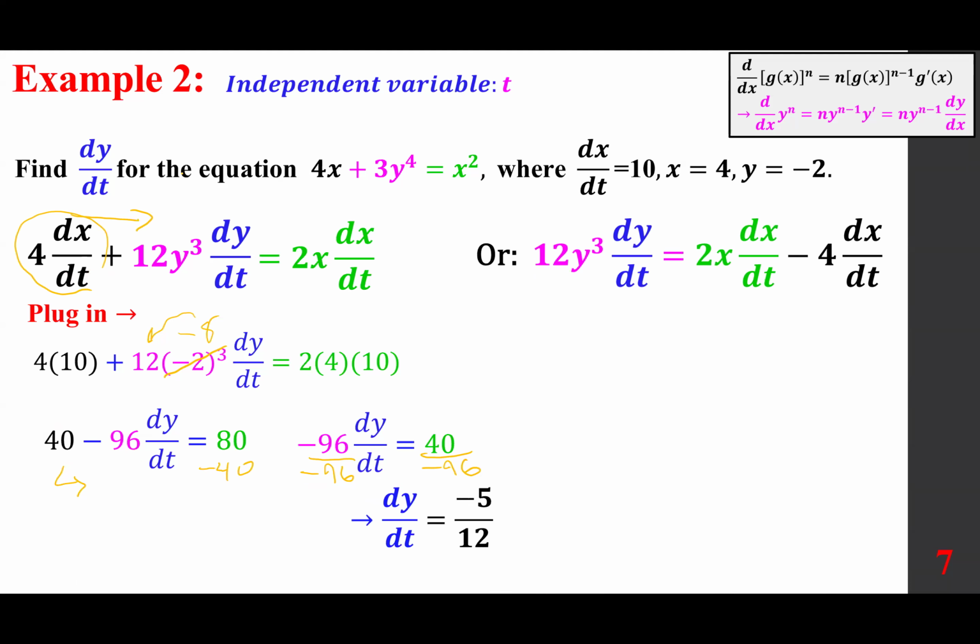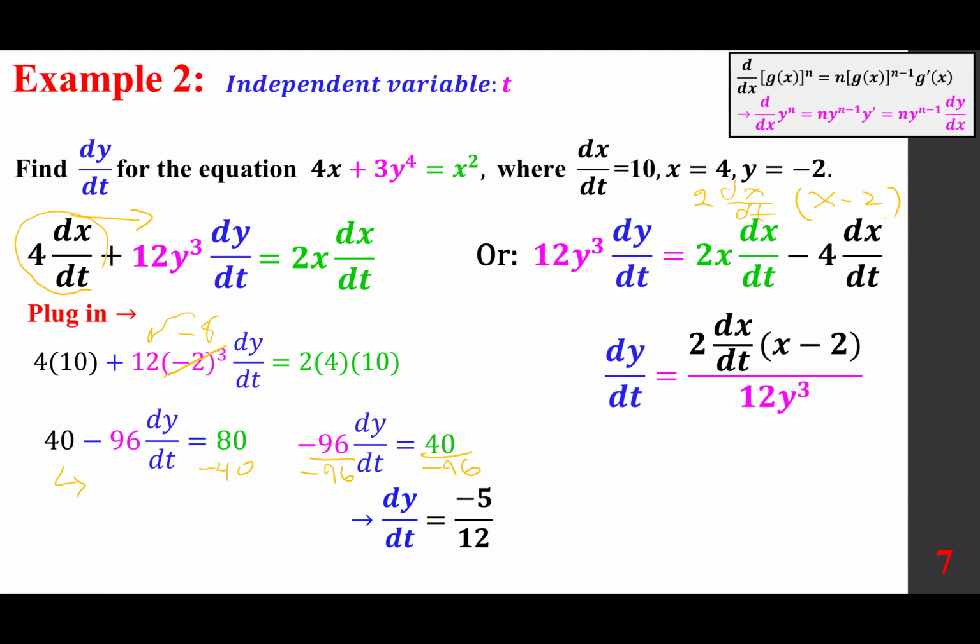And on the right side, we can see the common factor of 2 dx/dt, and then we get x minus 2 divided by 12y cubed. Drop the common factor of 2. dy/dt is dx/dt times x minus 2 over 6y cubed. Now, if you plug in, you get exactly the same answer.